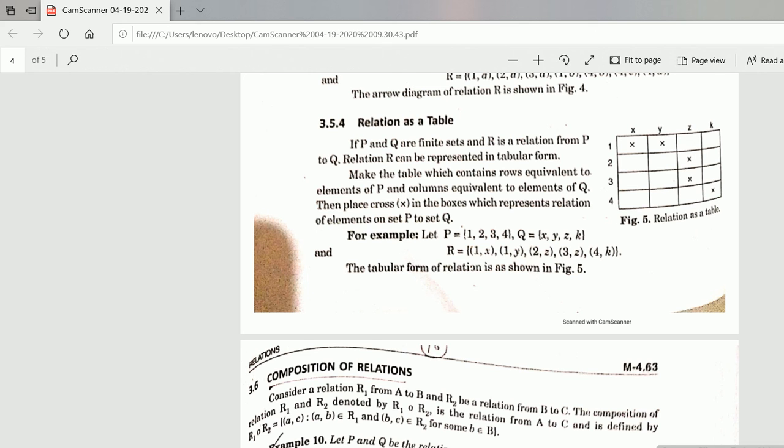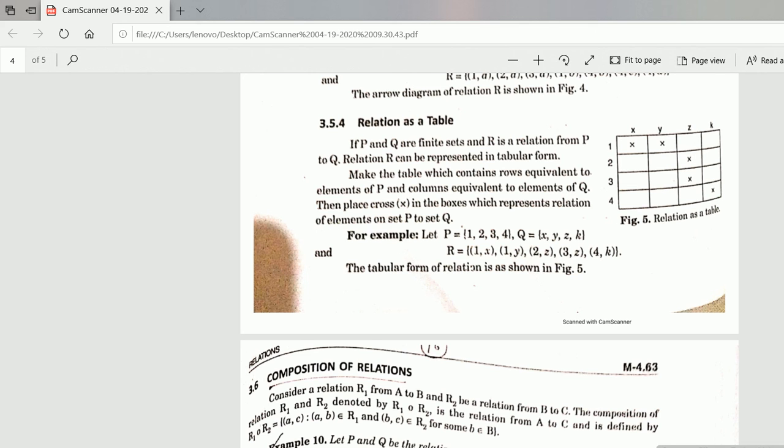Then place a cross in the boxes which represent the relation of elements of set P to set Q. Suppose the relation shows 1 is related to x, you put a cross here. 1 is related to y, again you put a cross here.